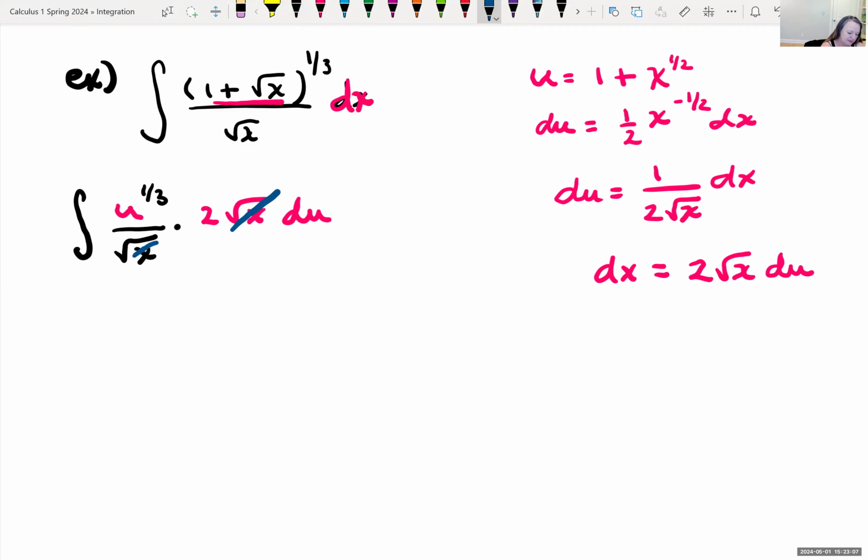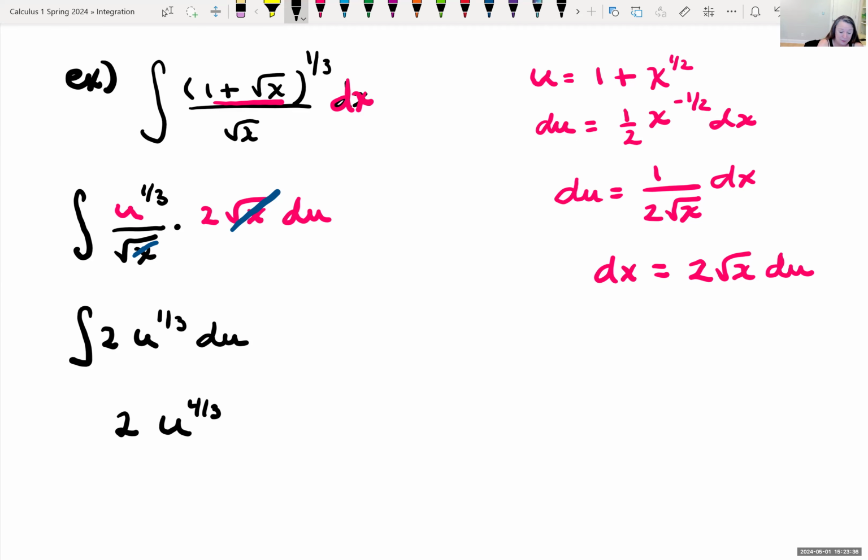And so now we're looking at the integral of 2u to the 1/3 power du. So bringing down the 2, adding 1 to our exponent, so 1/3 plus 1, 1/3 plus 3/3 is 4/3. Divide by our exponent 4/3.